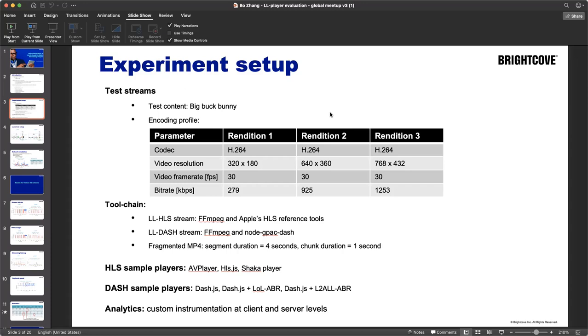We evaluated 3 HLS players in their low latency mode: AVPlayer running on iOS 14, HLS.js and Shaka player. We also evaluate 2 DASH players, the original dash.js and 2 dash.js variants called LoL+ and L2A.